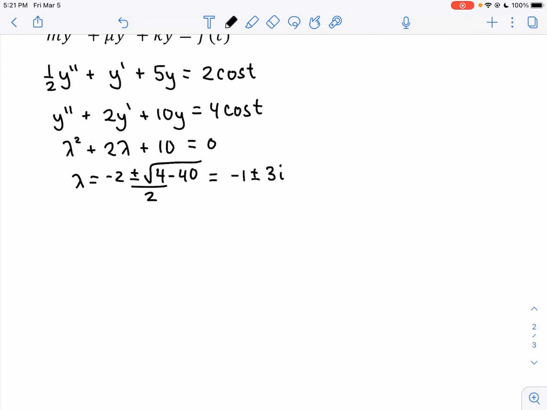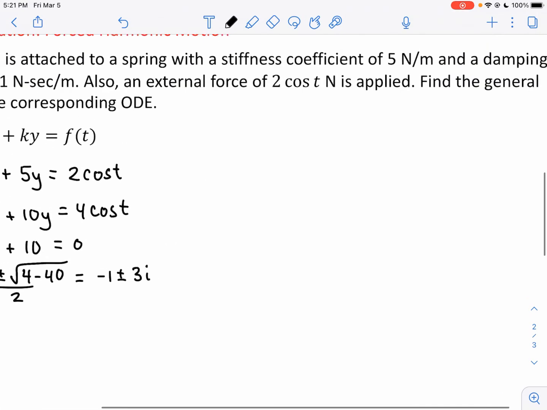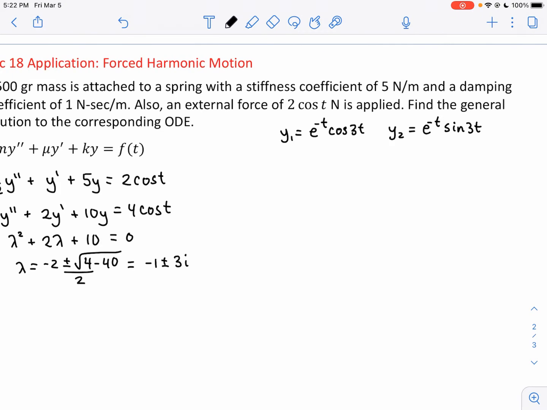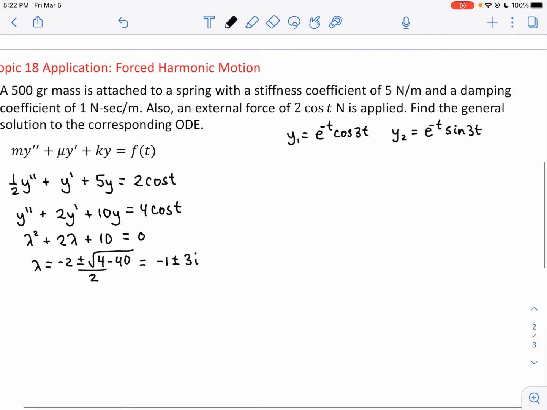So that tells me that my y1 and my y2, y1 will be e to the negative t cosine 3t, and the second linearly independent solution is going to be e to the negative t sine 3t. Now I want to go for the particular solution given that we have an inhomogeneous. So this cosine t does not match either of our independent solutions.